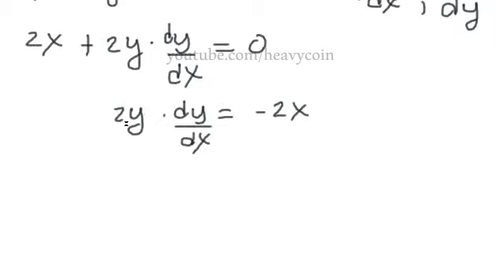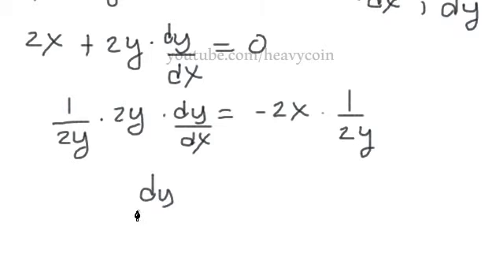Now what we're going to do is just multiply both sides by 1 over 2y. And of course that'll get those to cancel out, and we'll be left with dy over dx is equal to, and this will simplify down to negative x over y. And that's right, we're done.